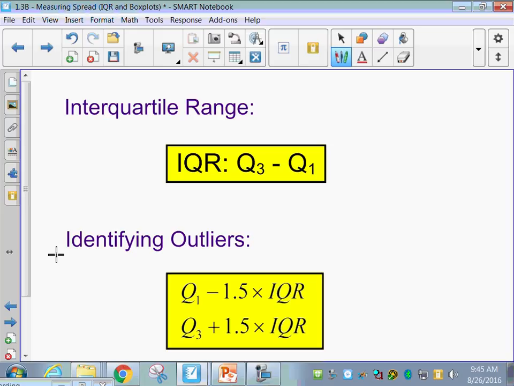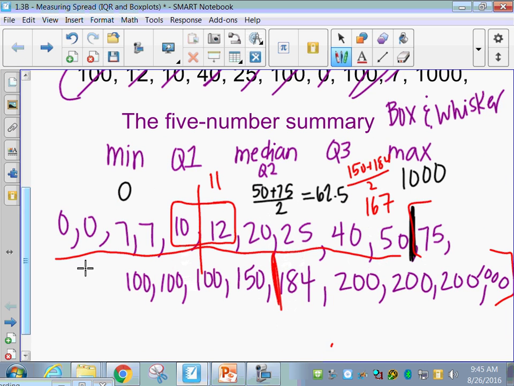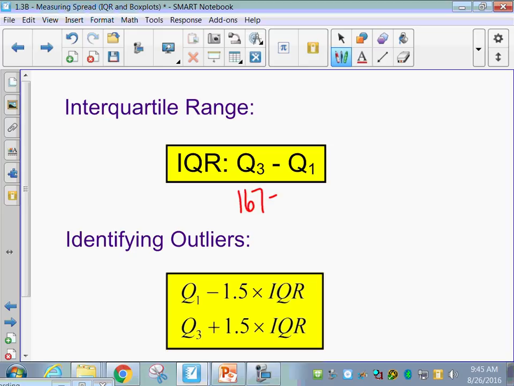This is actually the 3rd question on your sheet. What is IQR? Q3 minus Q1. So if I was going to find the IQR of this data, we would do Q3, which is 167, minus Q1, which is 11. So 167 minus 11 gives me 156.